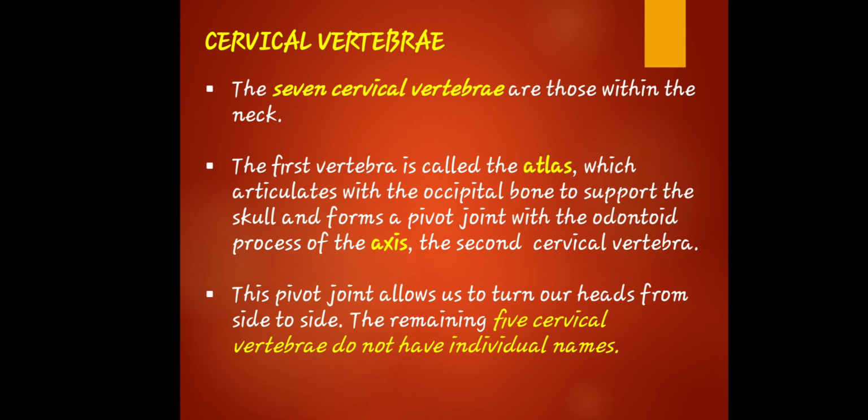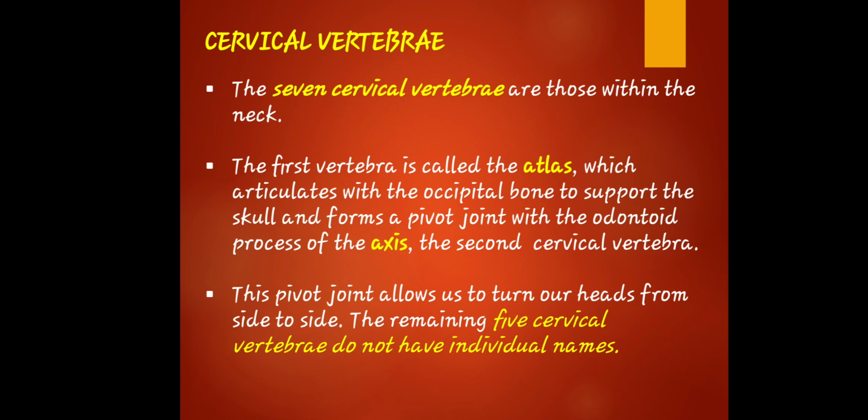To explain it more, the atlas and the axis vertebrae are the two most superior bones in the vertebral column, particularly in the cervical vertebrae. They are part of the 7 cervical vertebrae, as I've said. The atlas is the topmost bone, sitting just below the skull, followed by the axis.